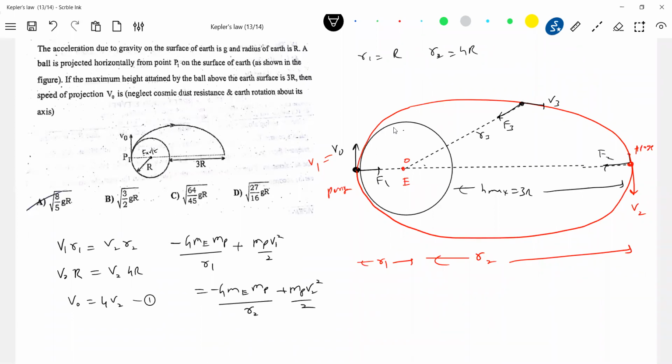We wanted that particular V naught here. So V1 you can write V naught, R1, R2 values we know. Solving this and substituting, we'll get the expression. So what to do with GME? GME by R square, you can write small g, no?